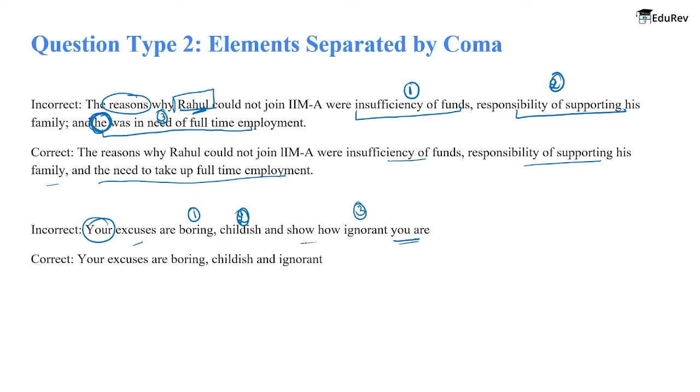Why do we have to write show how ignorant you are? We are just talking about your excuses, and when we are separating the elements by comma, we don't need these words. So the correct statement would be your excuses are boring, childish, and ignorant. As simple as that.